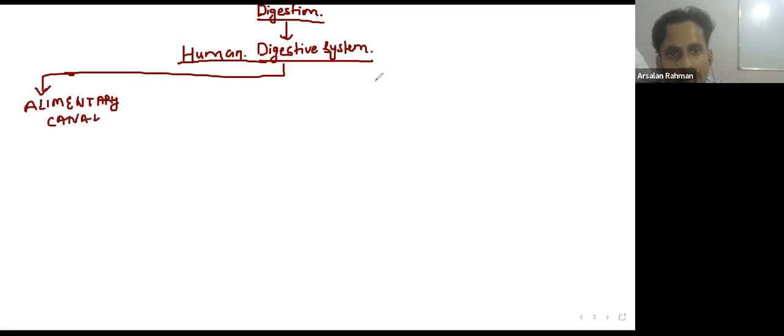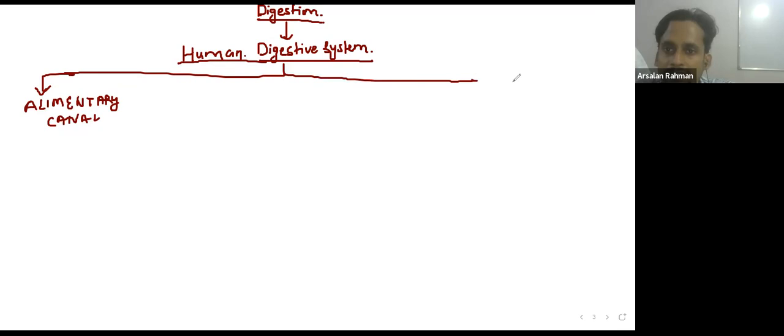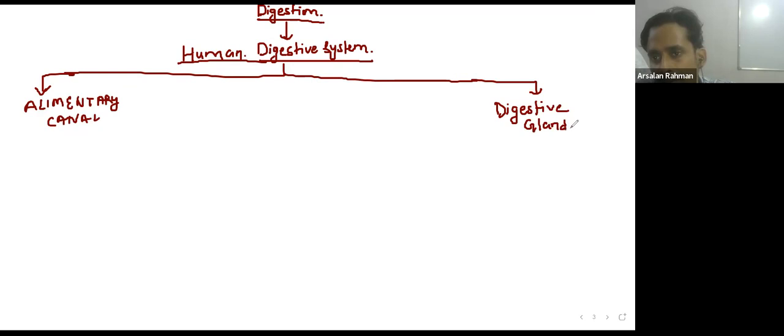Then the second part is the digestive gland. Have you heard about the term gland? There are two types of gland. Which type of gland are we talking about? We are talking about exocrine gland. Okay, I will show you a diagram.